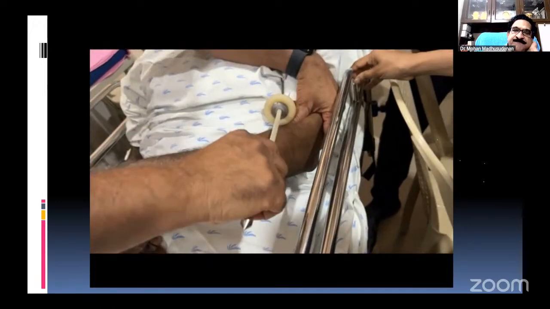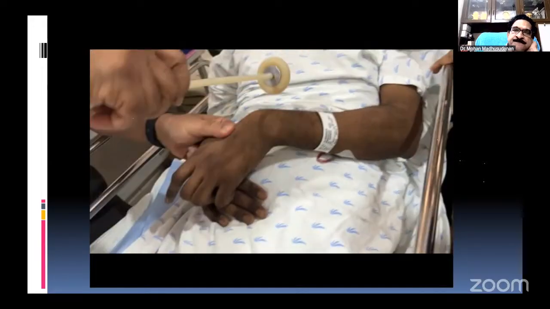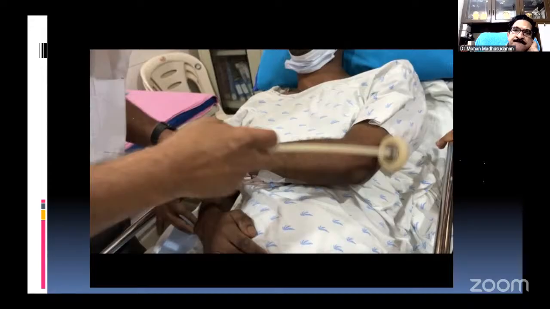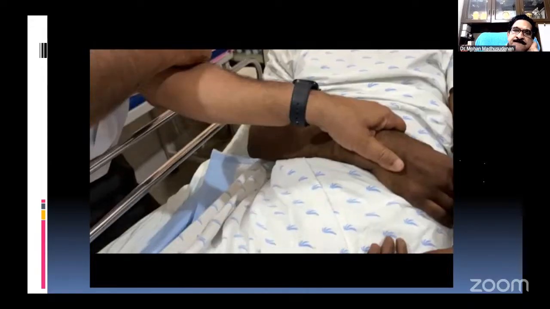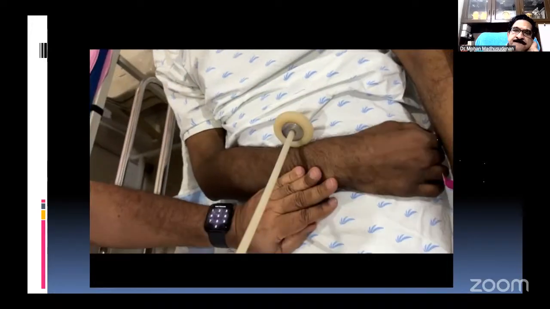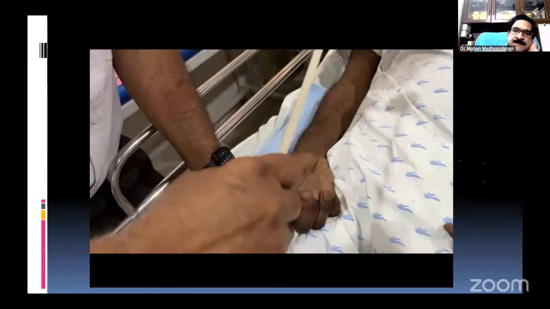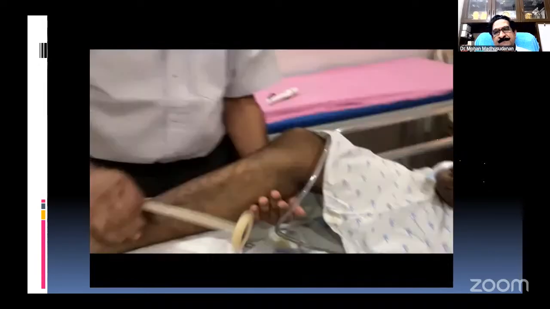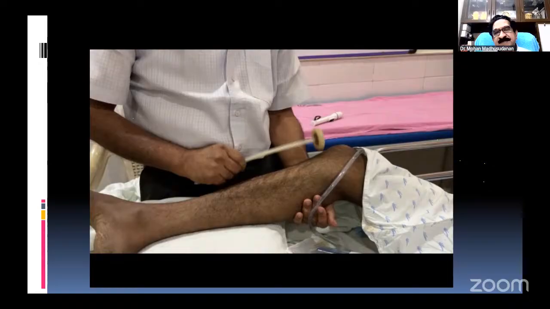The upper limb reflexes were well elicited. The finger flexors are also well elicited. Lower limb reflexes are all absent.